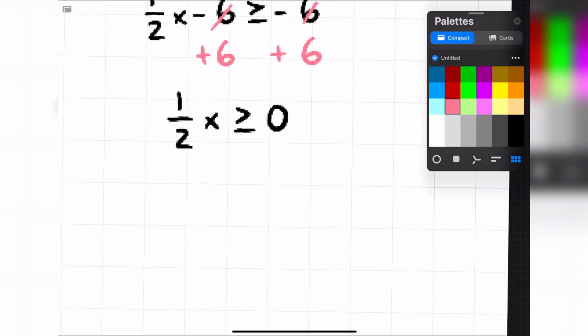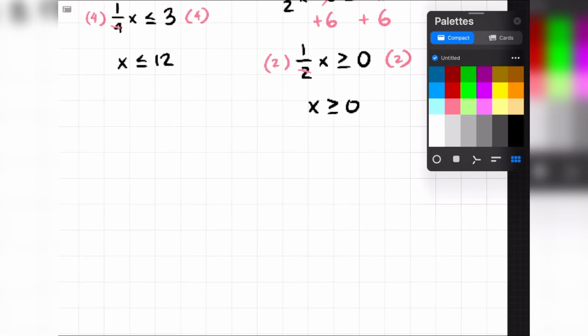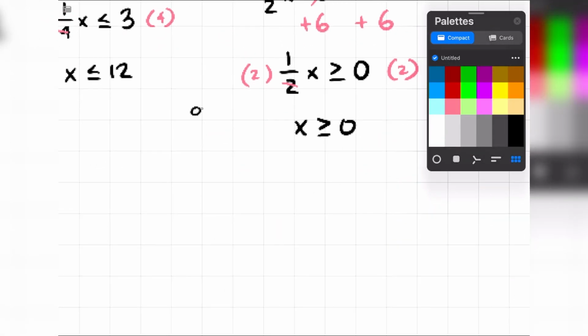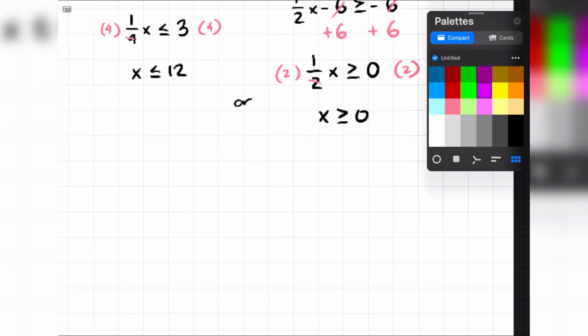Now, if you were to multiply by 2, cancel this out, that would get you x is greater than or equal to 0, because 0 divided by anything is 0. So, now, this is OR, so anything that satisfies either of these is a solution.